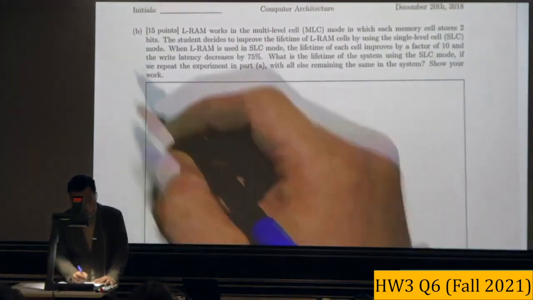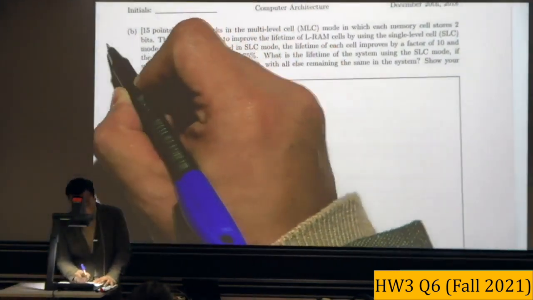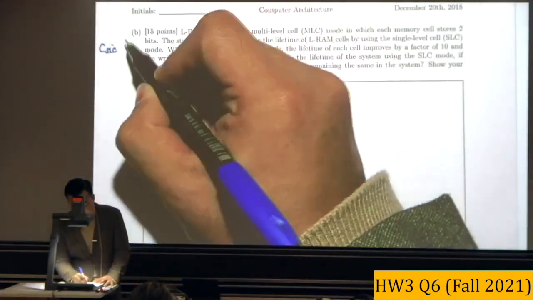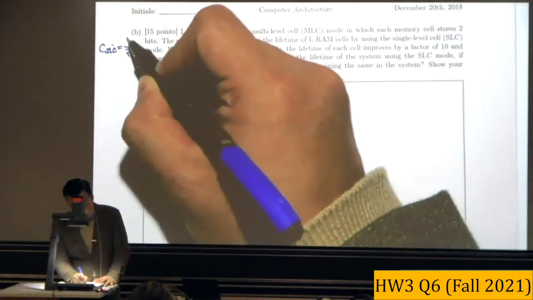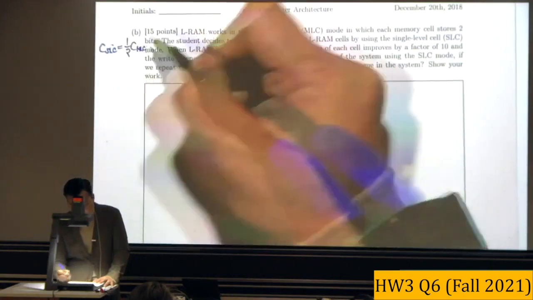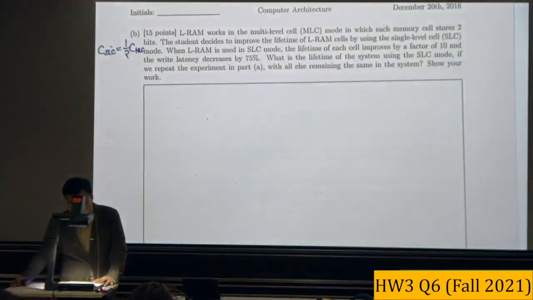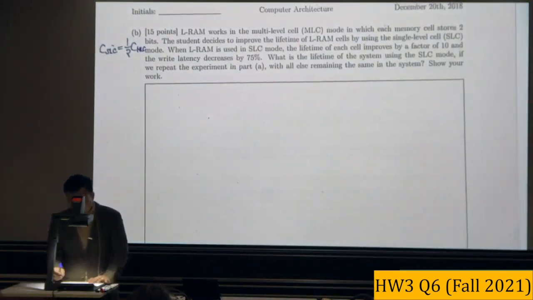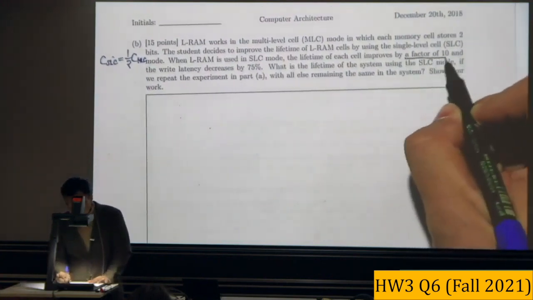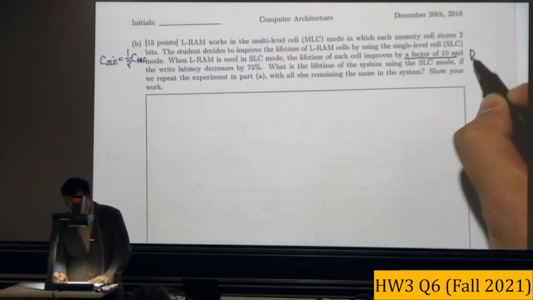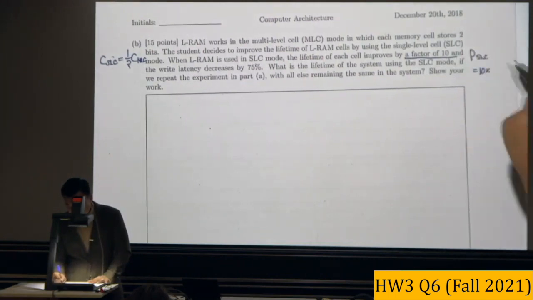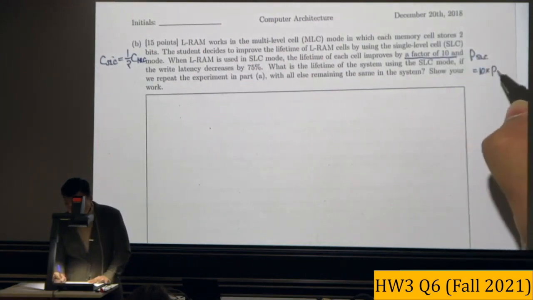It means that our capacity of SLC LM device is half of MLC device, right? And when LM is used in SLC mode, the lifetime of each cell improves by a factor of 10. It means the limited program cycle of SLC is 10 times of that of MLC device.